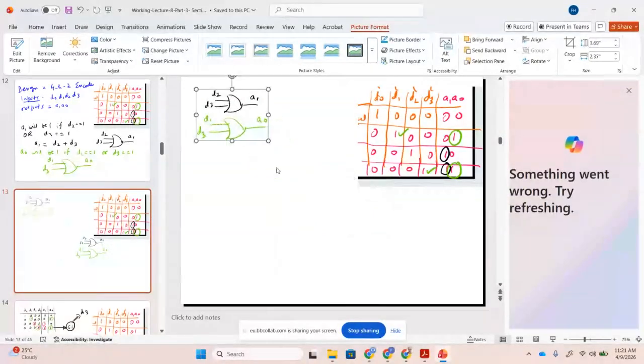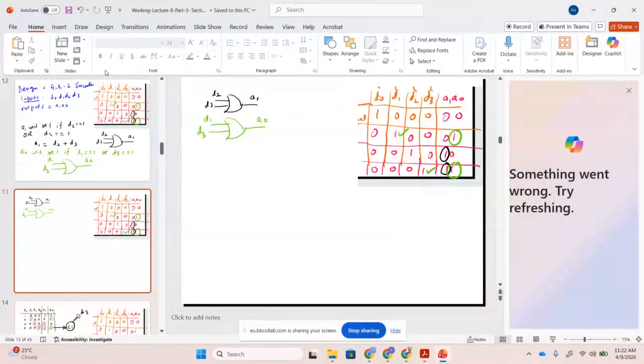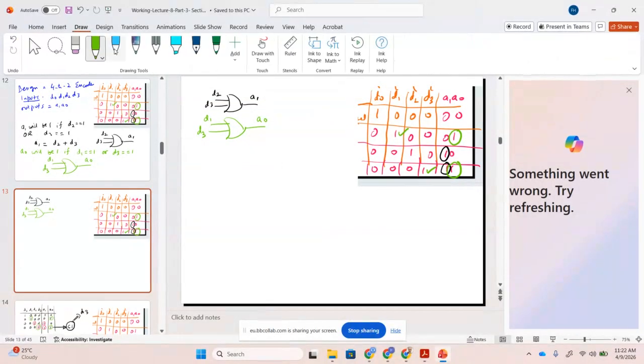Now we take all the possible combinations. Let's assume we are only considering the valid combinations. What is the first valid combination? D0 is equal to 1, D1 is equal to 0, D2 is equal to 0, and D3 is equal to 0.